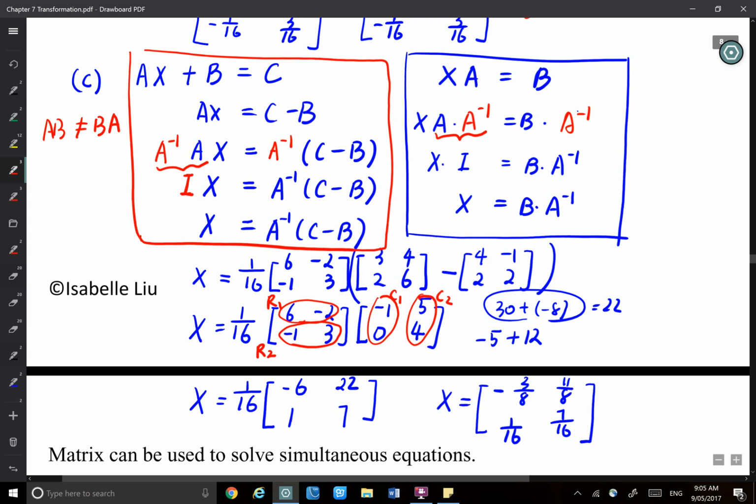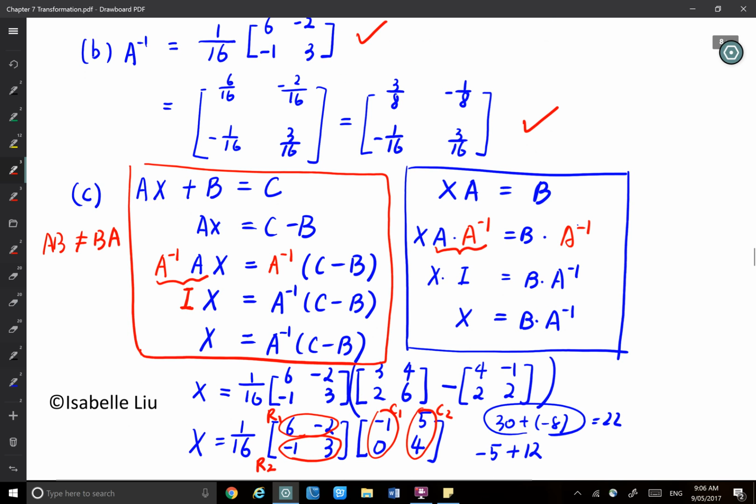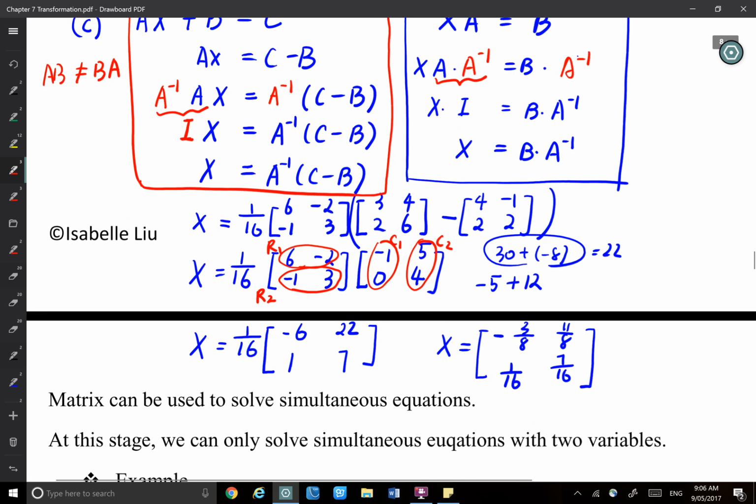That's just two comparisons with where you times A inverse. Okay, so instead of division, we will use times the inverse of the matrix. Instead of dividing the matrix, you times the inverse of that matrix.